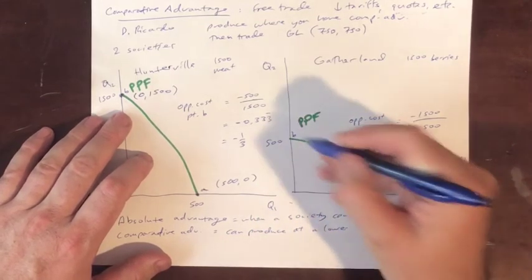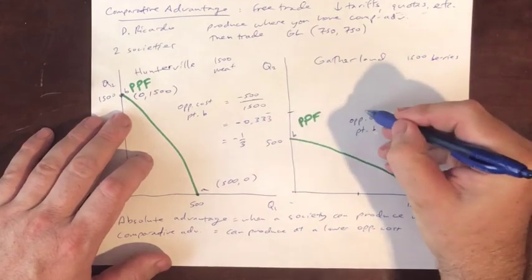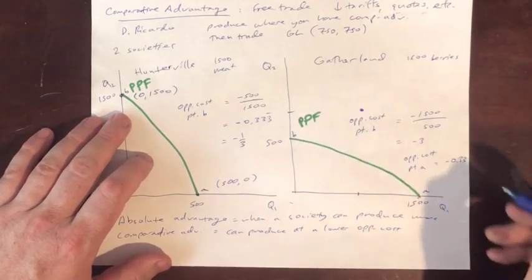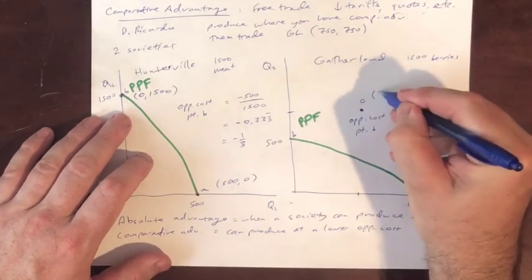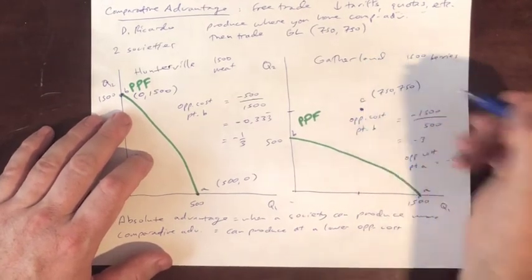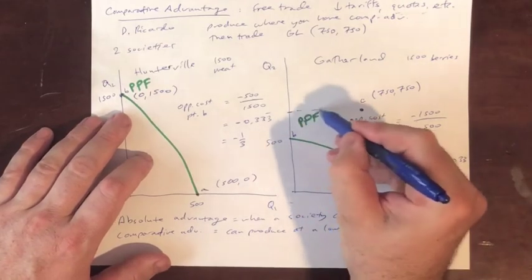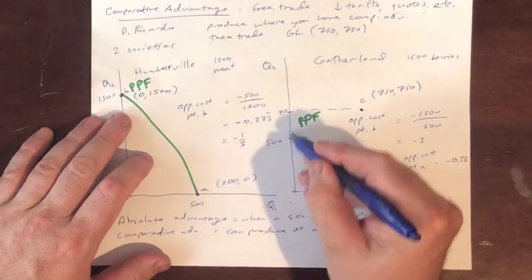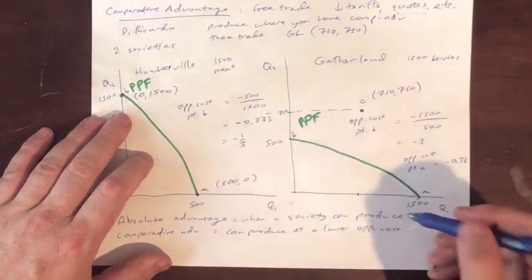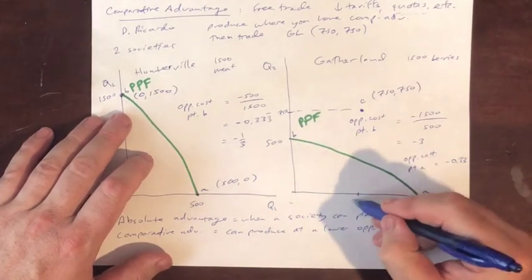And then they end up here, at a much better point C. I know I added a bunch of stuff to my graph, but you can see we're well above 500, and below 1,500 on this side.